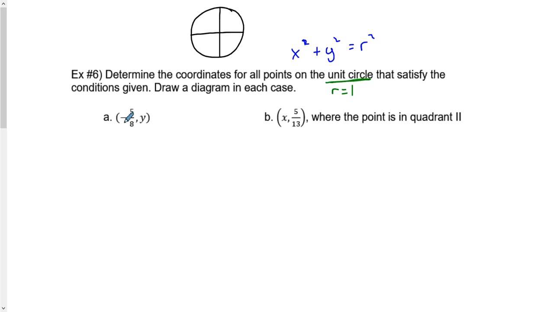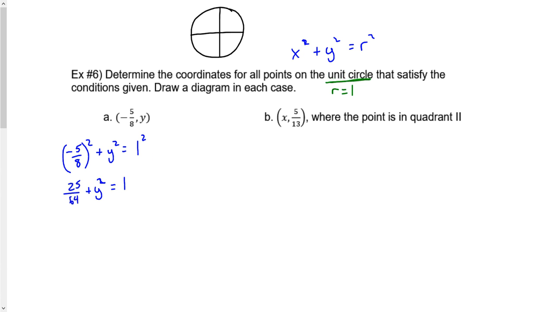So all we have to do is x squared plus y squared equals 1 squared. Negative 5/8 squared plus y squared equals 1 squared. 25/64 plus y squared equals 1.